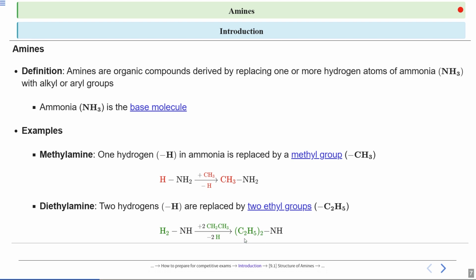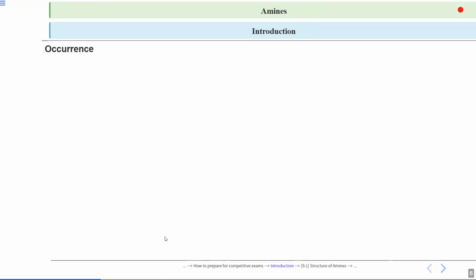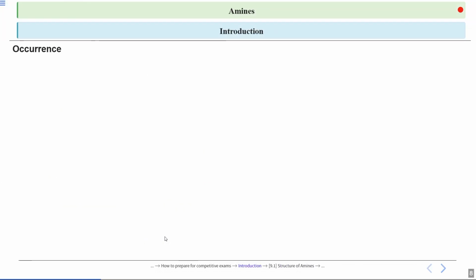Di because we have 2 ethyl groups. So in methylamine, we have replaced 1 hydrogen of ammonia by a methyl group, and in diethylamine, I have replaced 2 hydrogens by 2 ethyl groups. So we got methylamine and diethylamine. Now let us see the occurrence of amines.